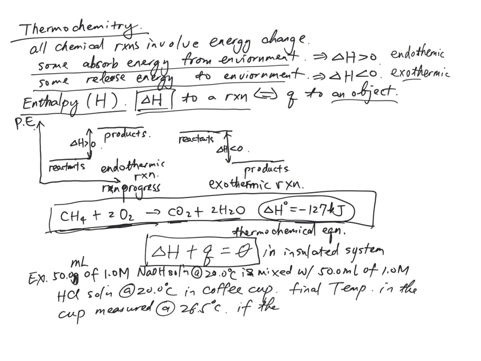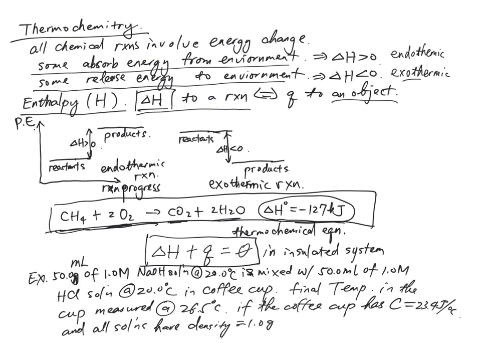If the coffee cup has heat capacity C equal to 23.4 joules per degree Celsius, and all solutions have density equal to 1.0 grams per milliliter, and CP 4.18 kilojoules per gram per degree Celsius.